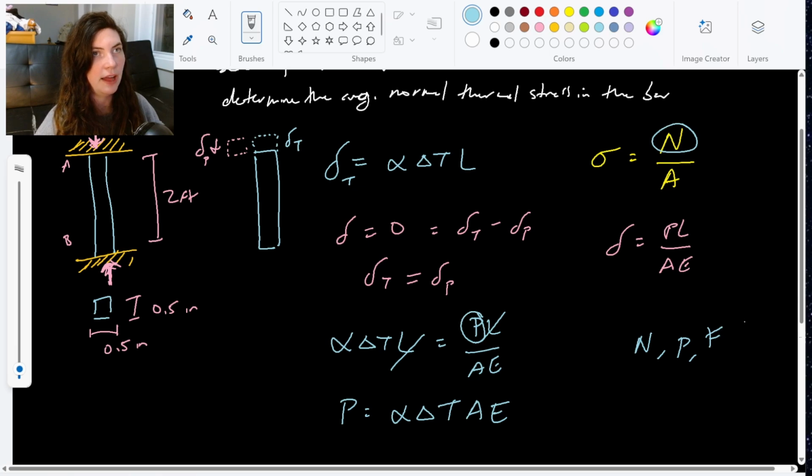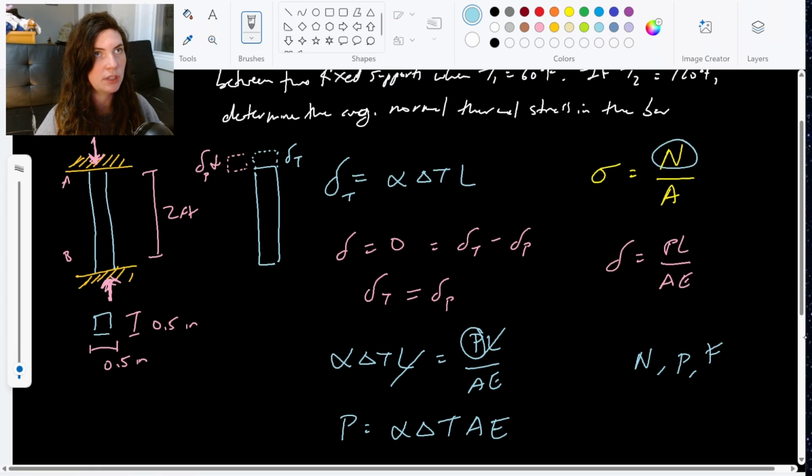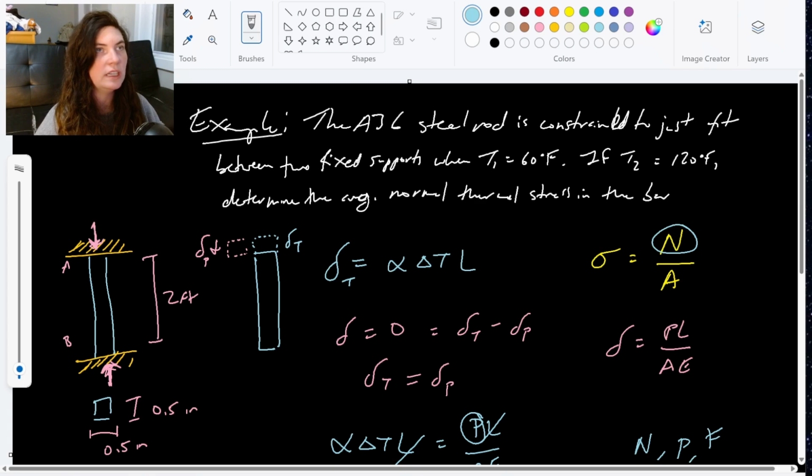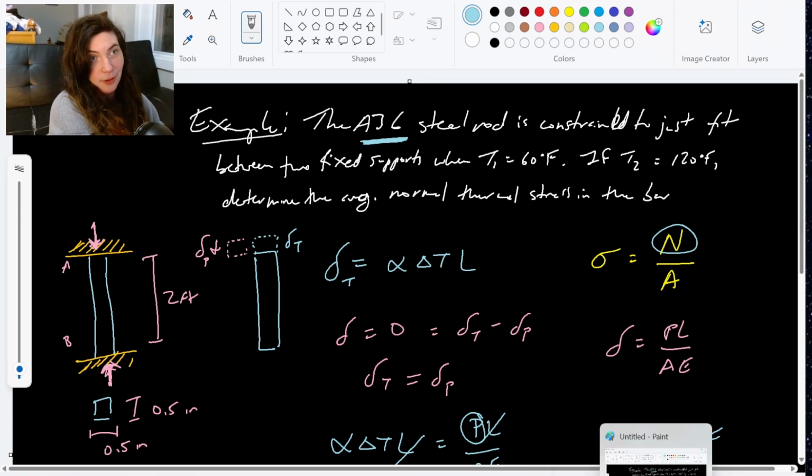So let's start with our alpha, our linear coefficient of thermal expansion, which isn't given to us in the problem statement, but again, we're told that this is a bar made of A36 steel. And A36 steel we have in our handy dandy table. So we can go into our table and look up this linear coefficient of thermal expansion. And we'll also pull the modulus of elasticity while we're there. Might as well grab everything.